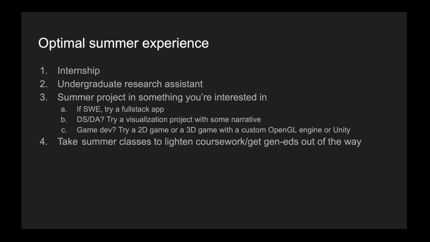If you can't really get an internship, then, like I said, look for an undergraduate research assistantship. When you're looking for one, usually professors are looking for new undergrads at the end of the semester once the class is over with. Keep that in mind.